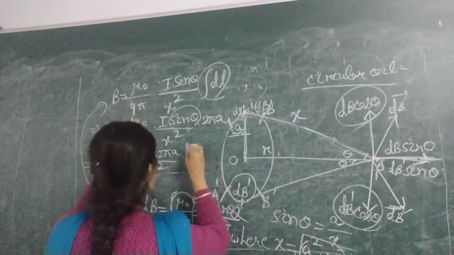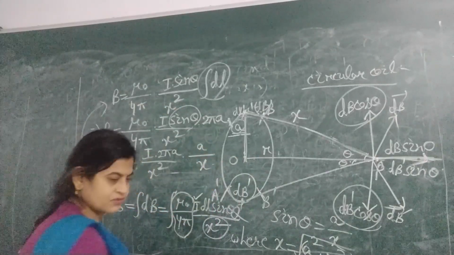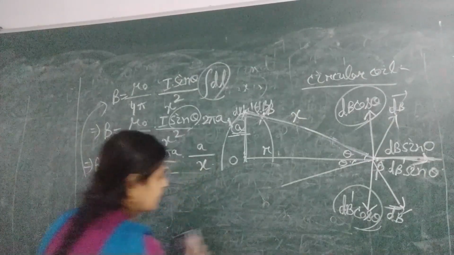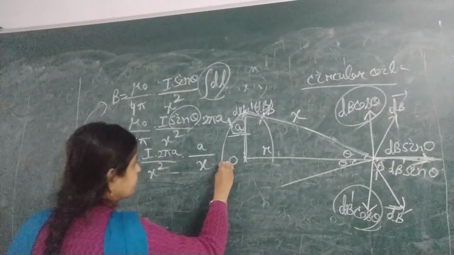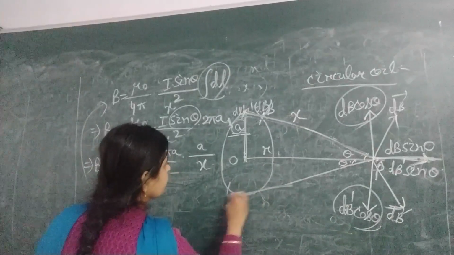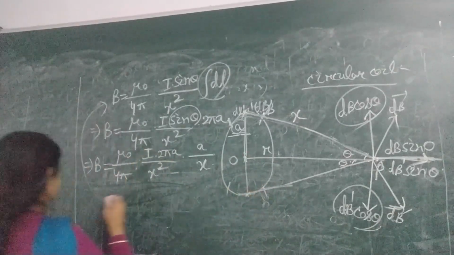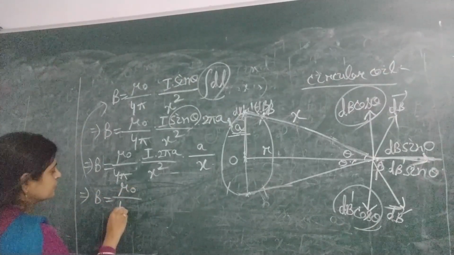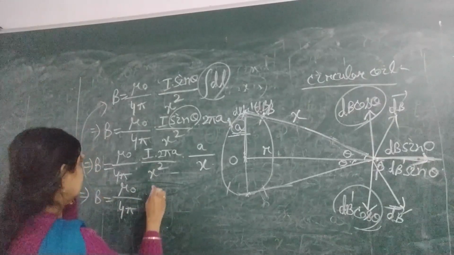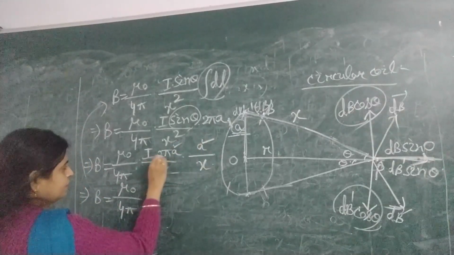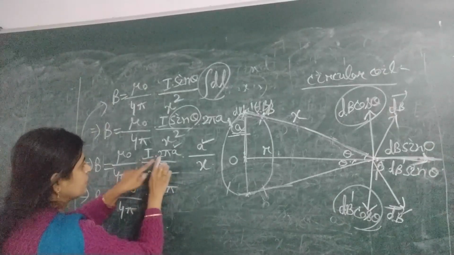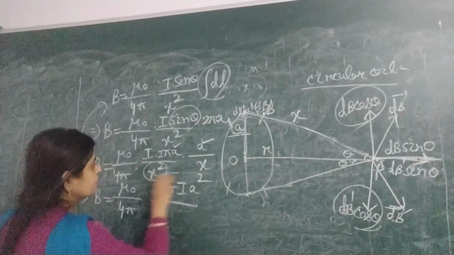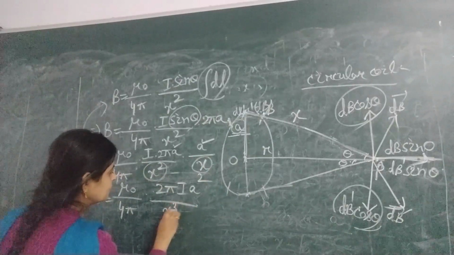Sin theta is equal to a by x, so we can write B is equal to mu naught by 4 pi into 2 pi I a square divided by x square into x, that is equal to x cube.